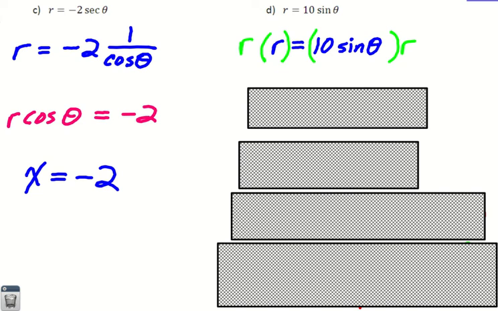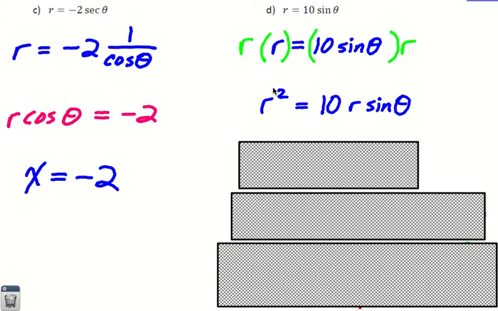And if you think about it, that's genius. Because on the left side, we're going to have r squared. That's an easy switch with stuff that involves x and y. And over here, we're going to have an r sine of theta. And that also is switchable with something involving x and or y.